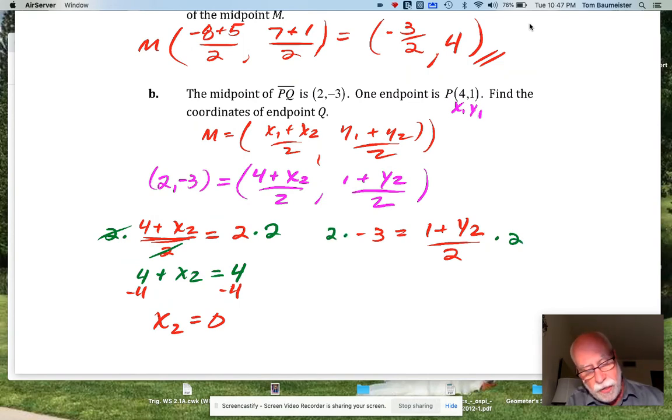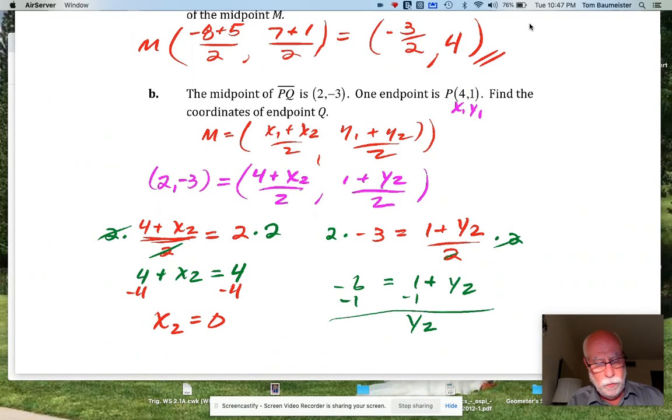So I'll have negative 6 is equal to 1 plus y2. To get y sub 2 by itself, I'm going to subtract 1. So y sub 2 is equal to negative 7.